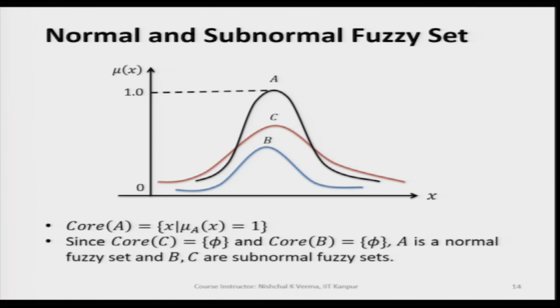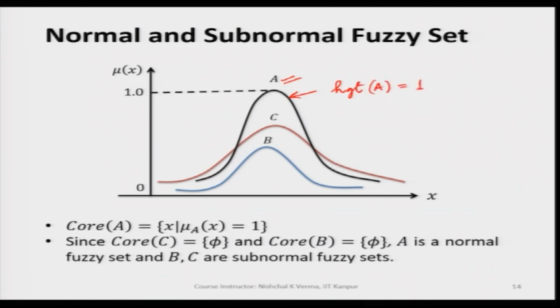Now, we have a diagram here, and this figure has the fuzzy sets A, B, C. Let us clearly check whether A, B or C are normal fuzzy sets or subnormal fuzzy sets. If we see A here, the height of fuzzy set A is 1.